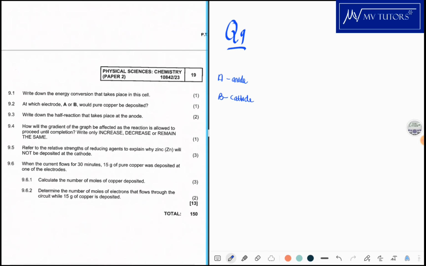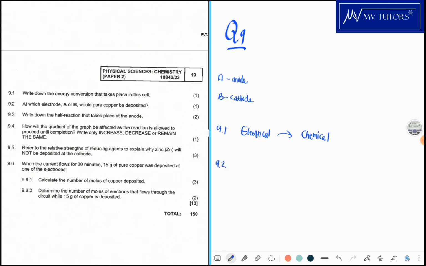Now coming to the questions. 9.1, write down the energy conversion that takes place in the cell. So with an electrolytic cell, which is opposite to a voltaic cell, you actually have electrical energy. Okay, energy conversion is from electrical to chemical energy.